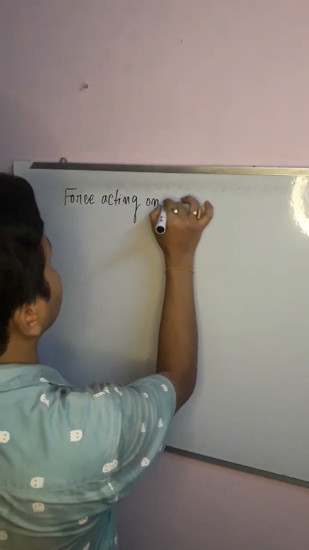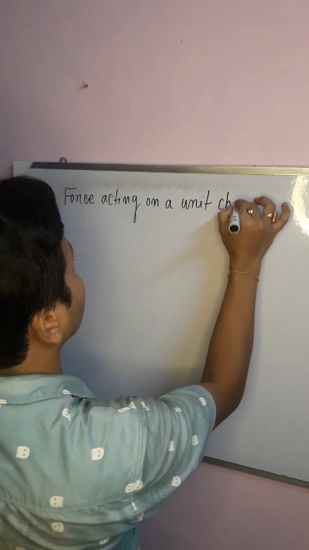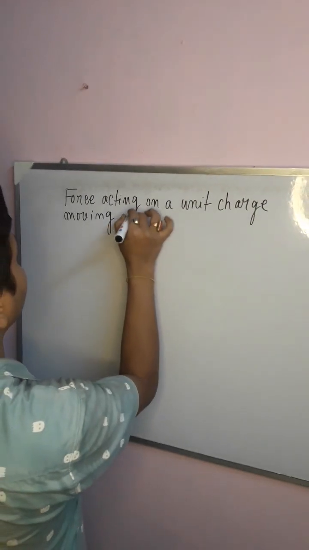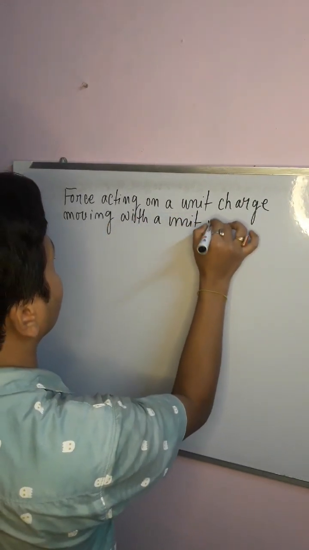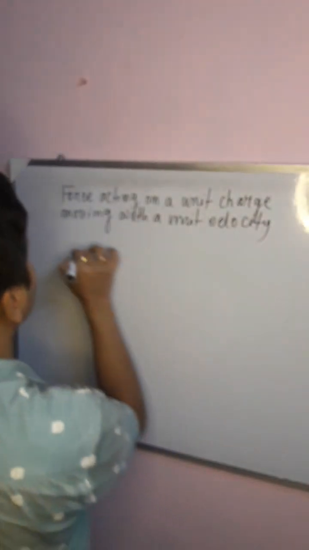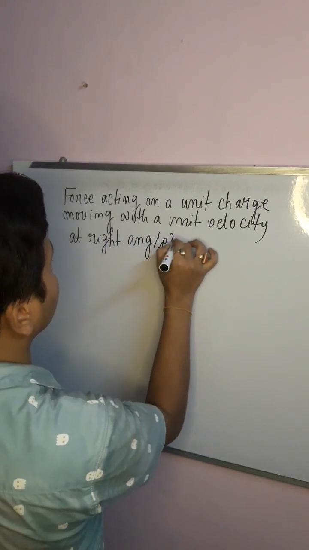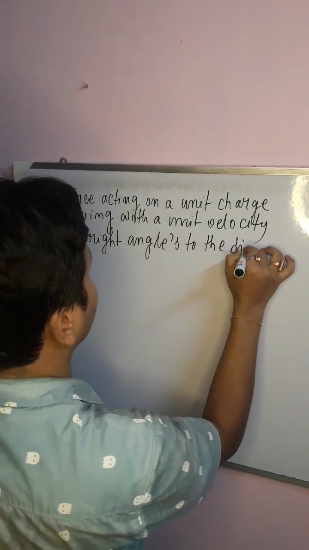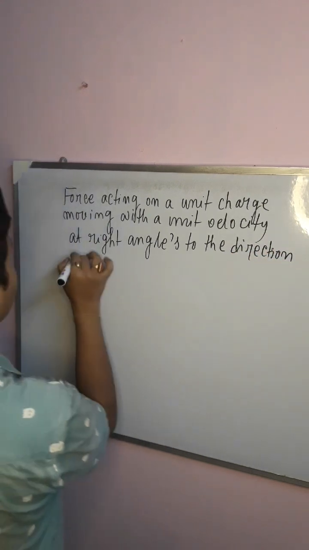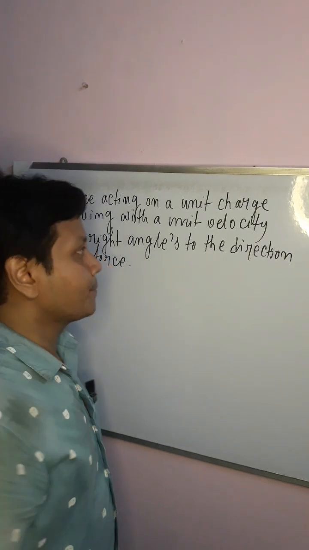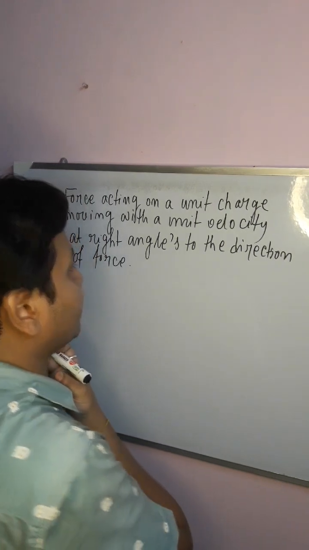That is, the force acting on a unit charge moving with a unit velocity at right angles to the direction of the field. So this is how we define B. B is called the magnetic induction field.